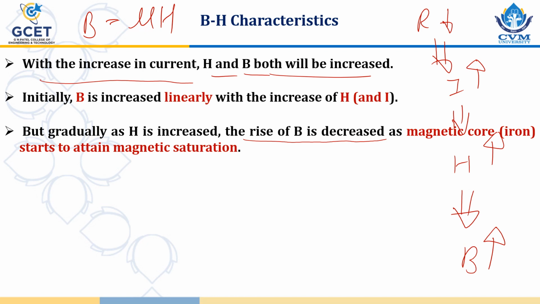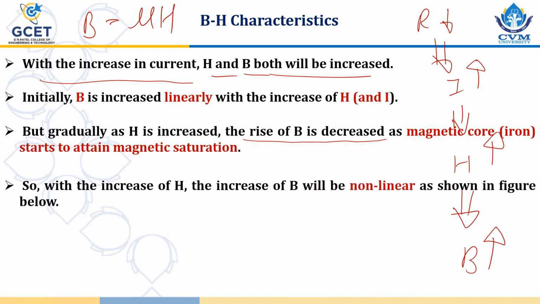It depends on the type of the core and value of permeability. Now the rise of B is not linear, but it will be increasing in a particular way, so I will show you in the next diagram. With the increase of H, the increase of B is now non-linear as shown in the figure, and in the diagram this portion is shown by part AB.